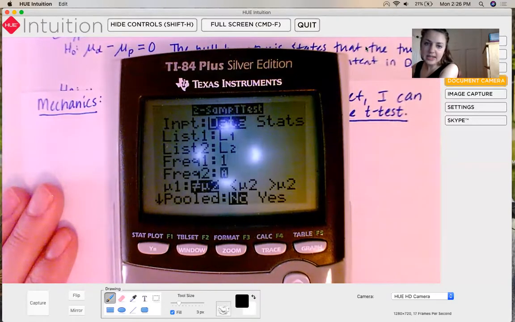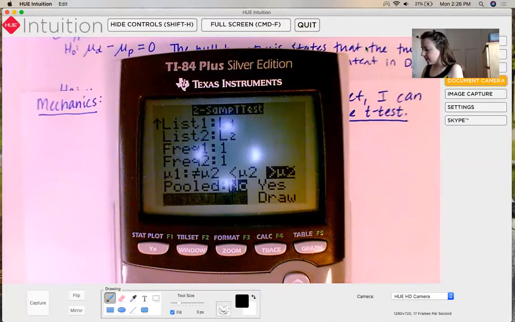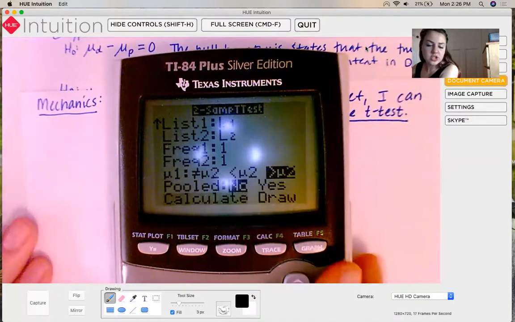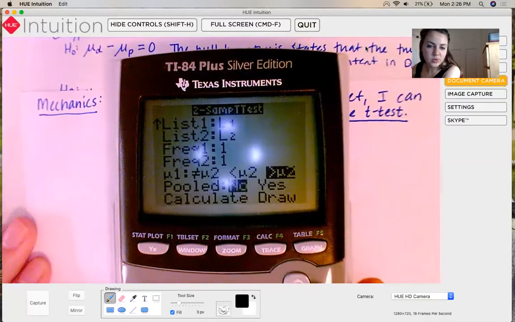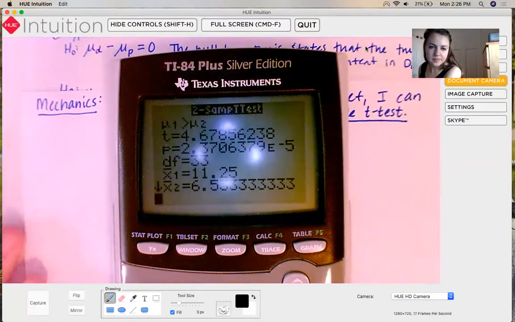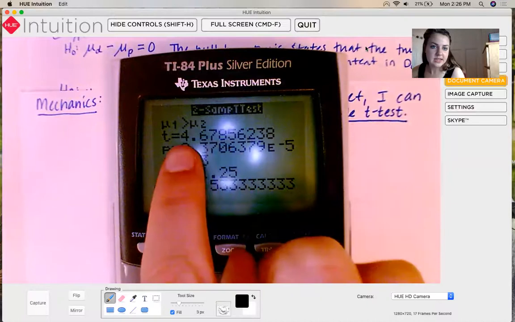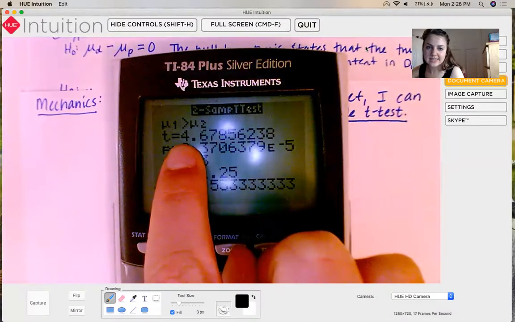Frequency only happens once. We want it to be a greater than sign. Now, I want to know, is this pooled or is it not pooled? Okay, so let's just check real quick to see what kind of numbers we get here. Okay, so notice that the t-score for this one is 4.67.